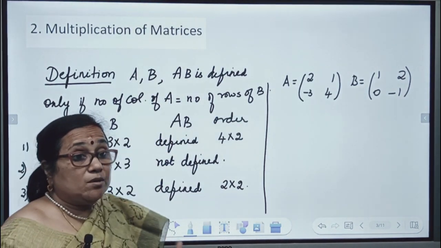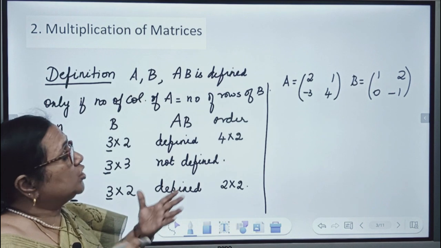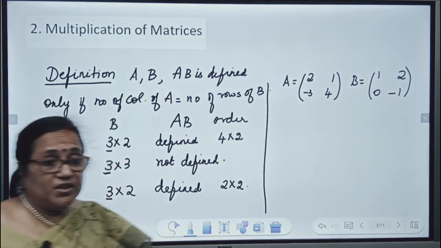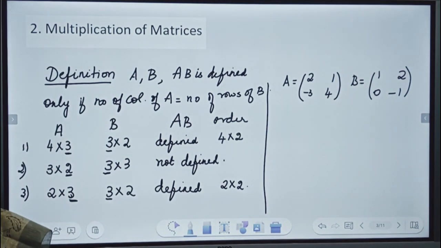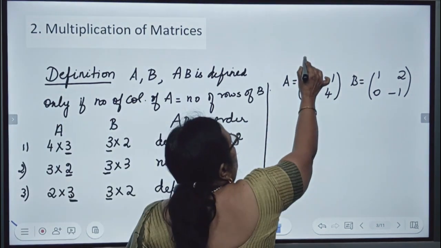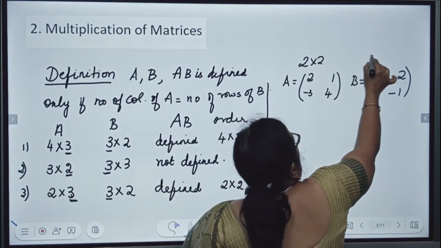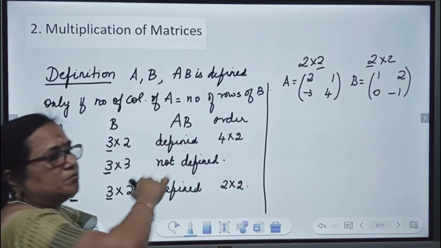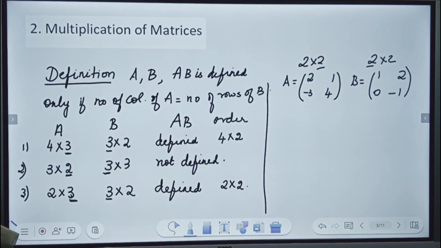I have taken a very simple, obvious example because both are of the same order, 2 by 2. So, multiplication is definitely defined and the product will also be of order 2 by 2 because this is 2 by 2. This is 2 by 2. These two numbers are equal. So number of columns is equal to number of rows. The resulting matrix will be of 2 by 2.